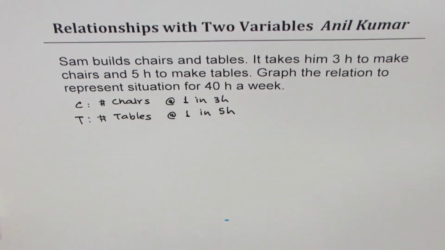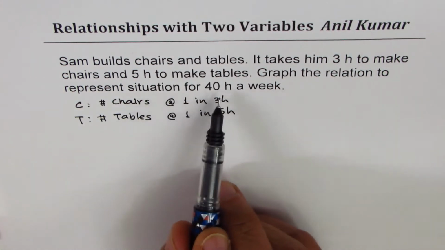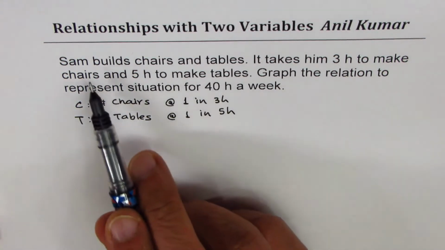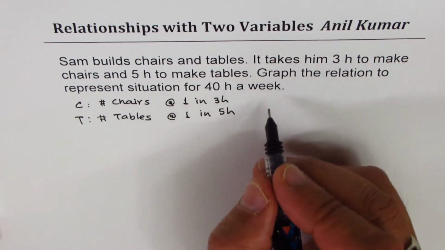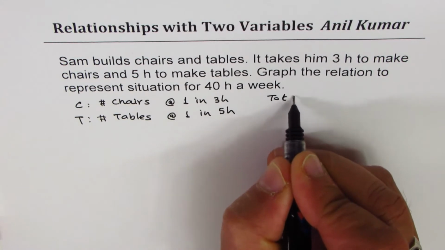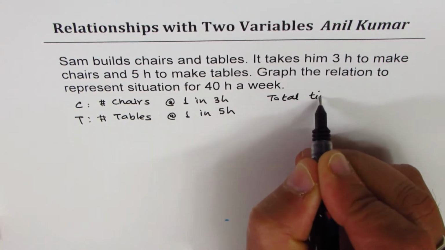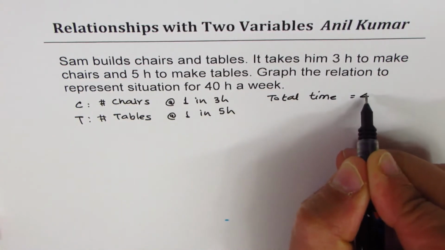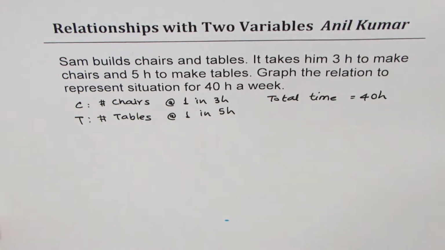So that much information is given to us. We are also given that there is a week in which Sam works for 40 hours. So we know total time equals 40 hours. This is the information which is given to us.